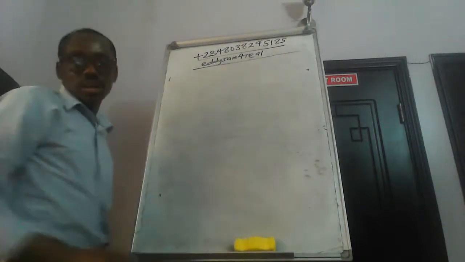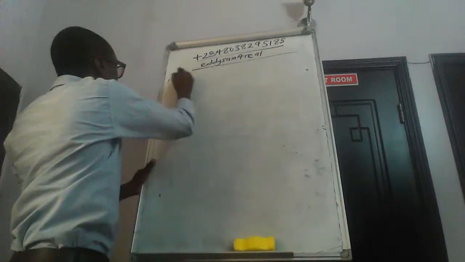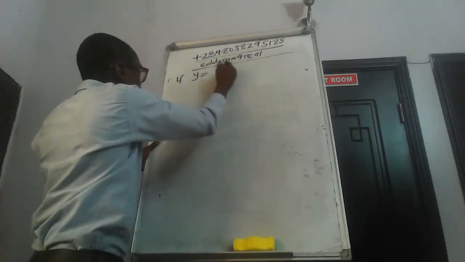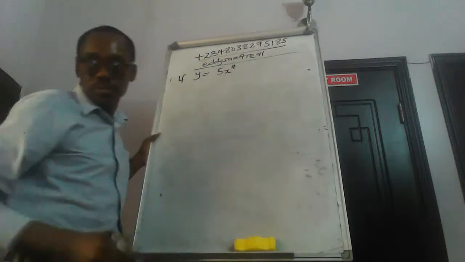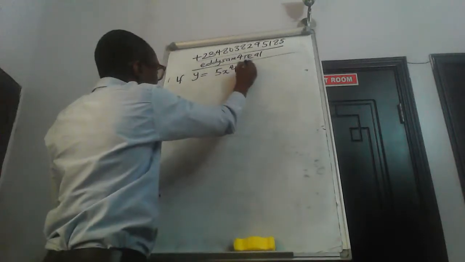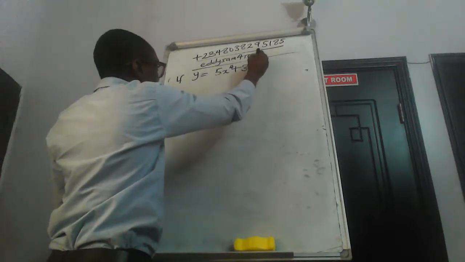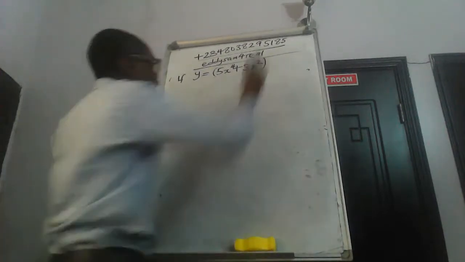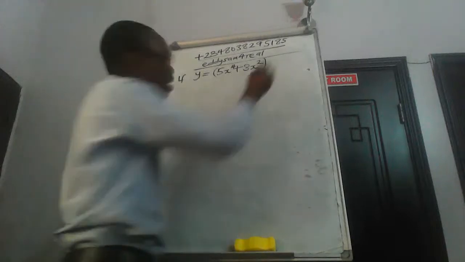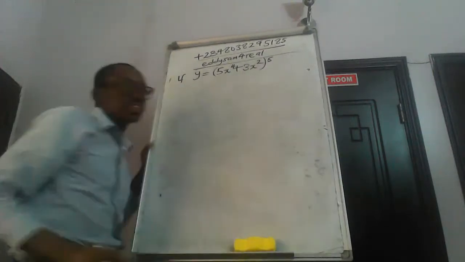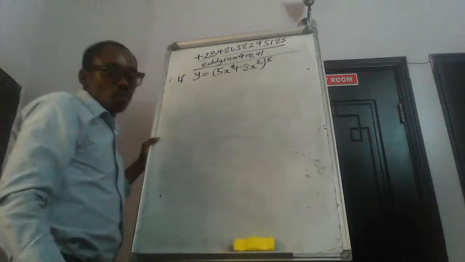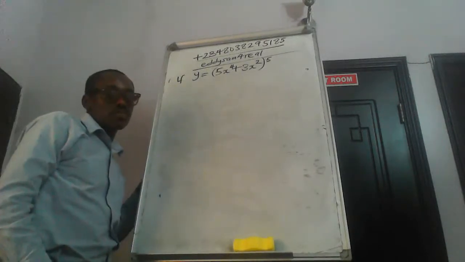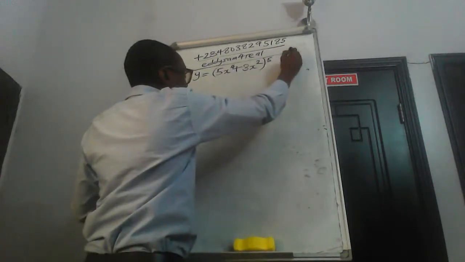Our next example is that if y is equal to (5x raised to power 4 plus 3x raised to power 2), everything in brackets raised to power 5, find the derivative of y with respect to x, or find the differential coefficient of y with respect to x, or find dy/dx.